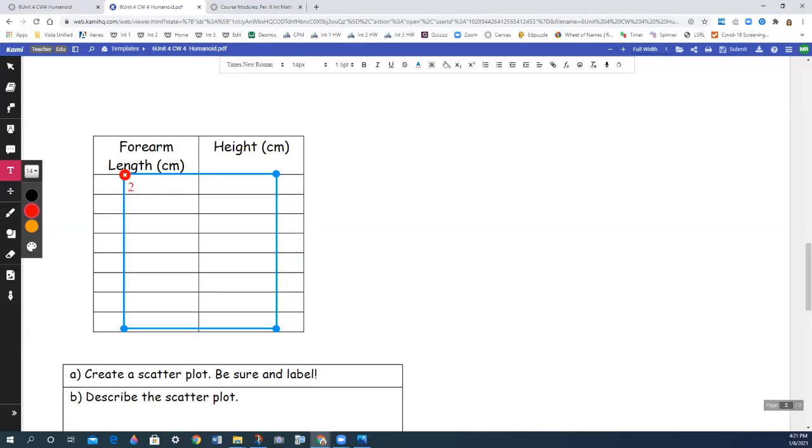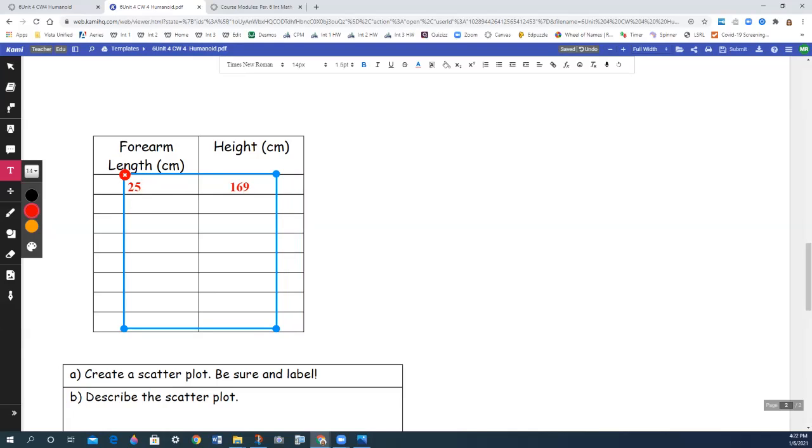So one of them was 25, and I'm going to make this bold too. So let me just make this bold so we can compare a little better. Okay, so 25 for the arm length, and I'm just going to do the space bar to get it onto the other side, 169. And now I'm going to hit the return, okay?